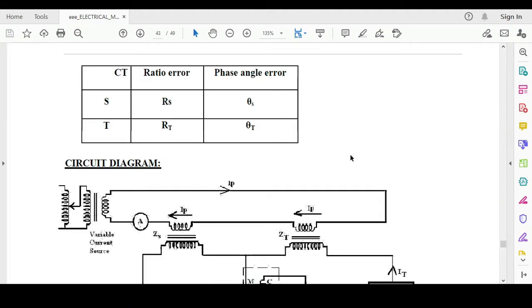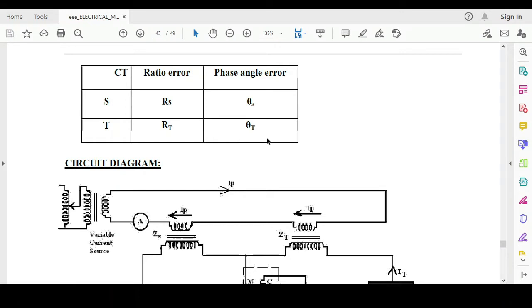That means the ratio error of your test transformer. Here S stands for standard transformer values, T stands for test transformer values. Okay, here we are going to find the ratio error in the test transformer and the phase angle error in our test transformer. So how do we find them?